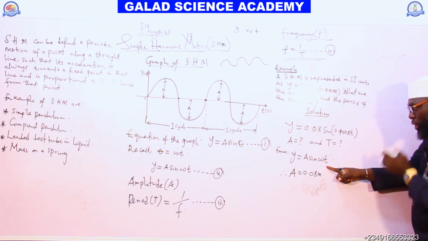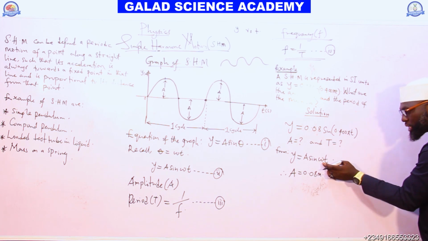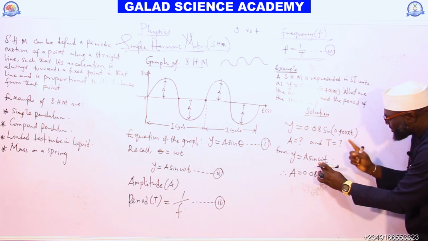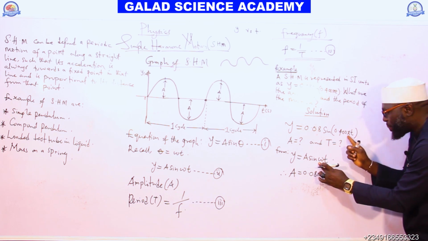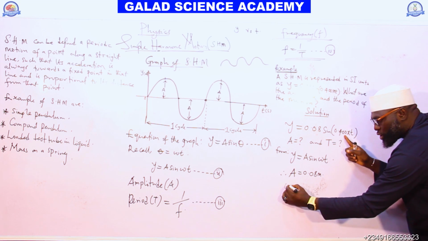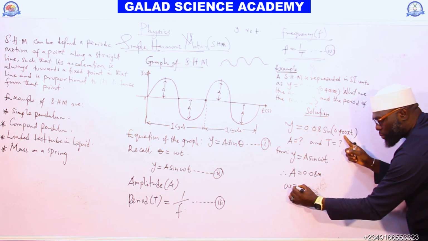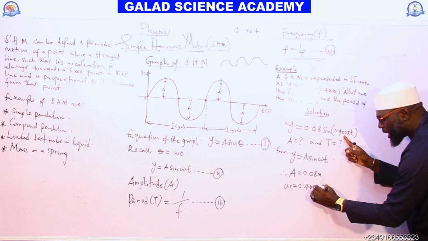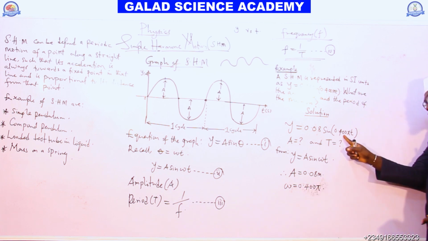Automatically, you will know that this is t. Everything we have at the back of t here, 0.400 pi, is equivalent to omega. Your omega should be equal to 0.400 pi.